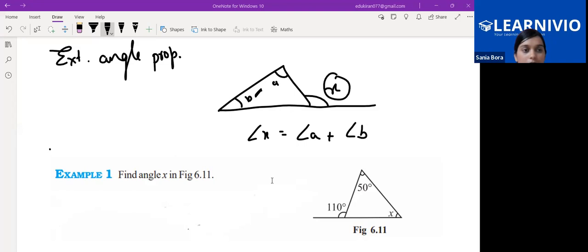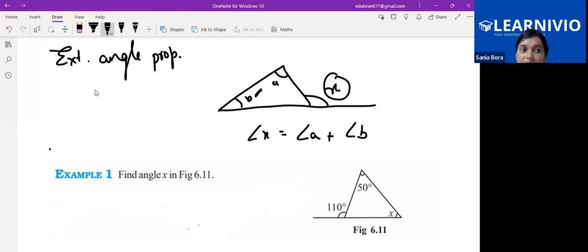Ma'am, in here 110 degrees is exterior, right? So we have to bring it here and there. So we have to do X plus 50 equals 110.